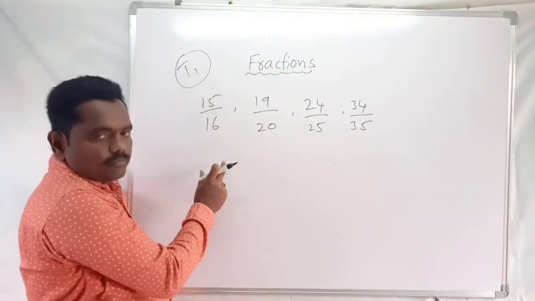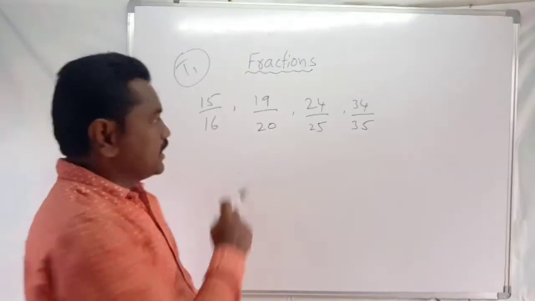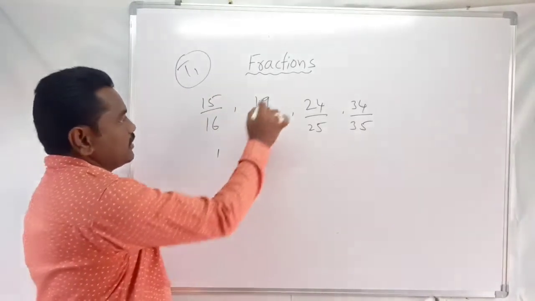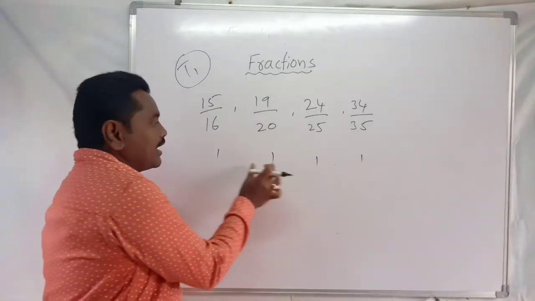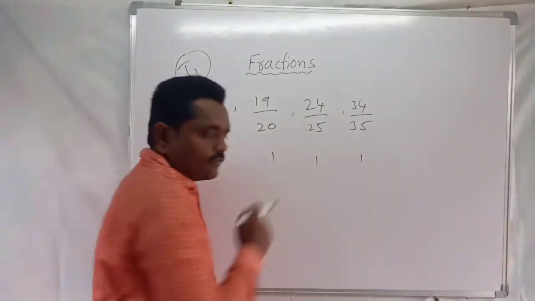This is the first type: if you are given different fractions where the difference between numerator and denominator is 1 in all of them, all the differences are equal.